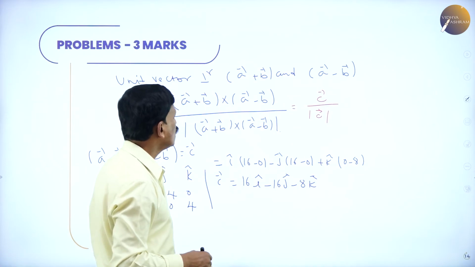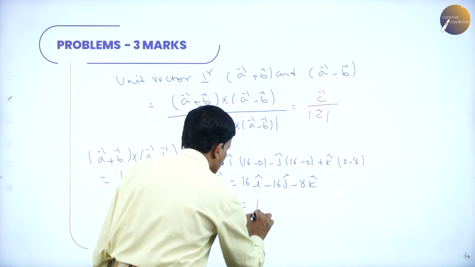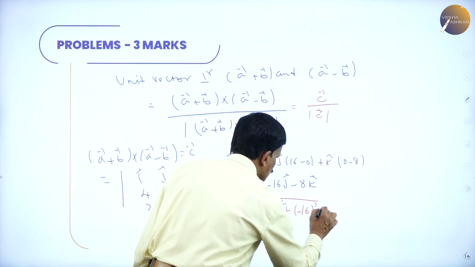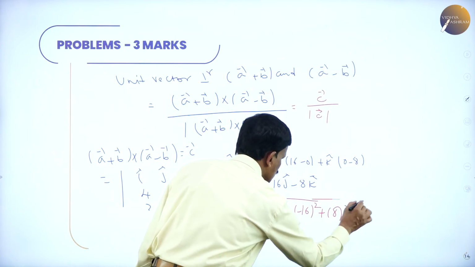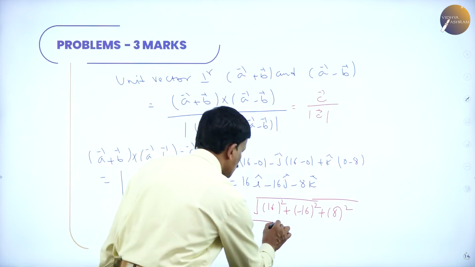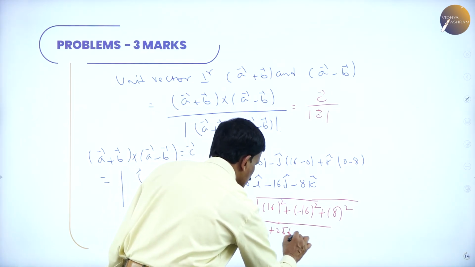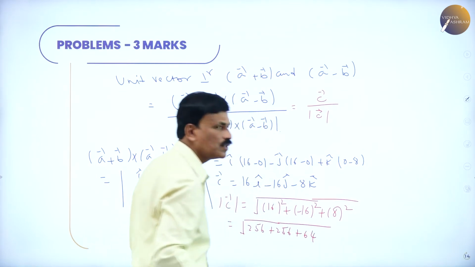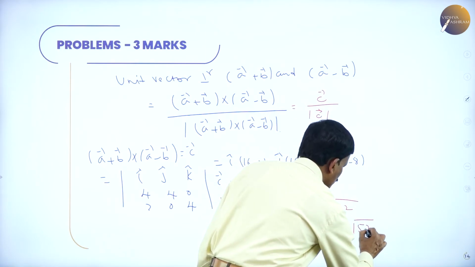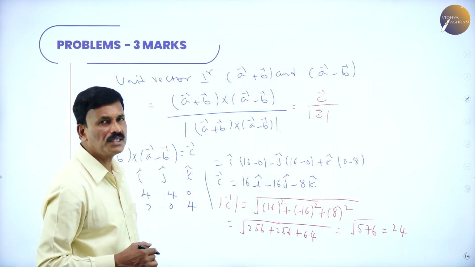Now I can write the magnitude of c: root of 16 square plus 16 square plus 8 square. 16 square is 256, plus 256, plus 8 eights are 64. If I add, I get root of 576. The square root of 576 is 24, right?